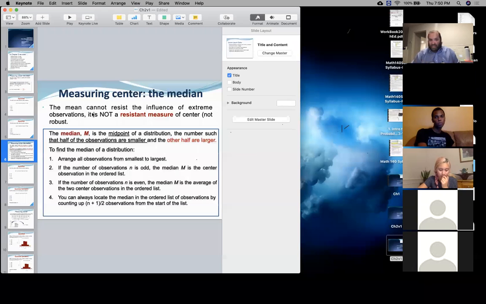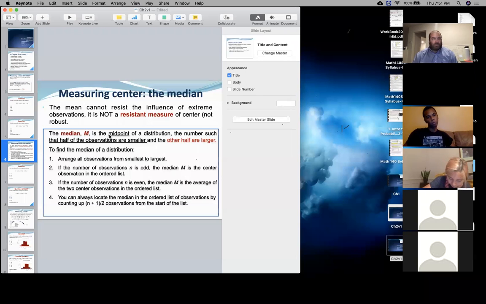The mean is going to change. It is not a resistant measure of center, or what we call it, it is not robust. Okay, those are pretty much synonymous. A resistant measure is one that resists outliers.